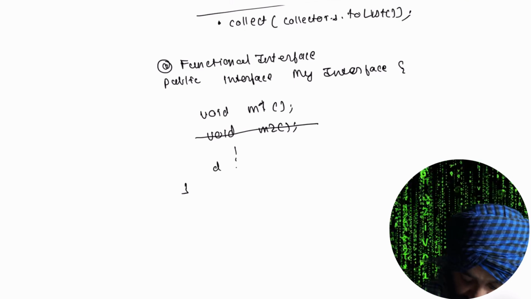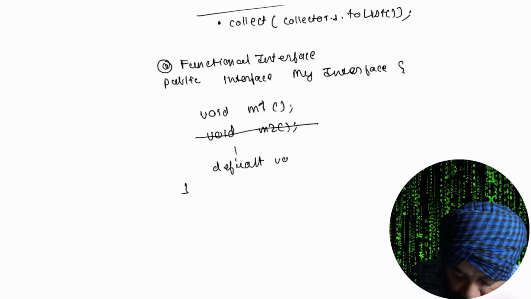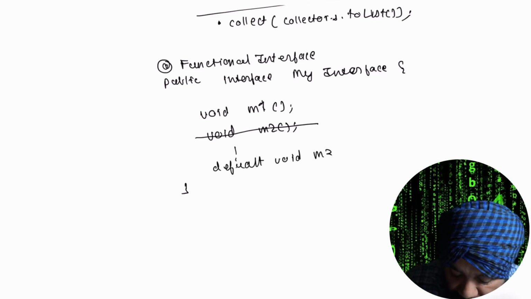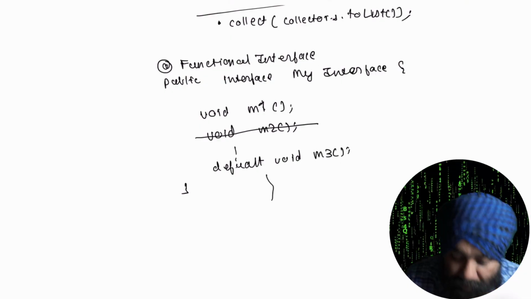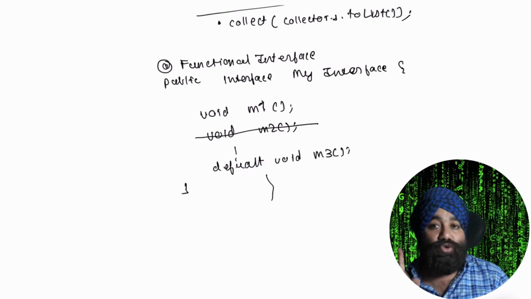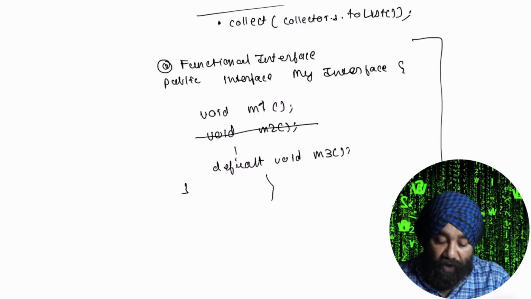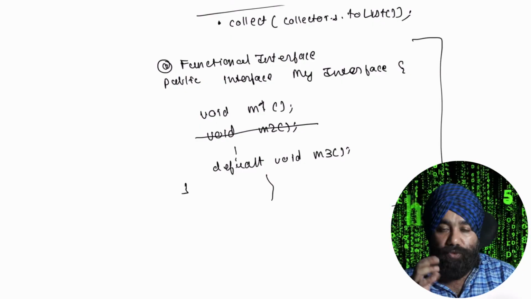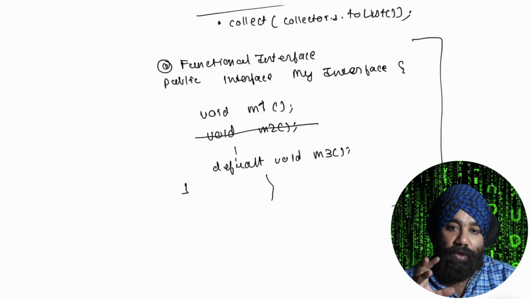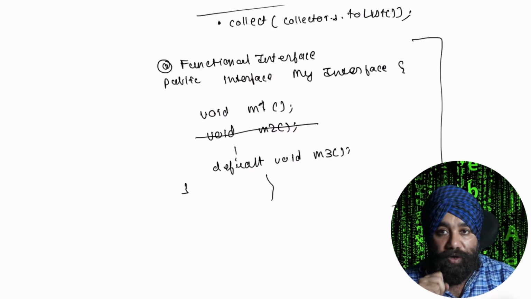You can have many default methods, m3 and so on, but non-default there should be only one method. So this is called a functional interface, because it has only one method. It can have only one non-default method.